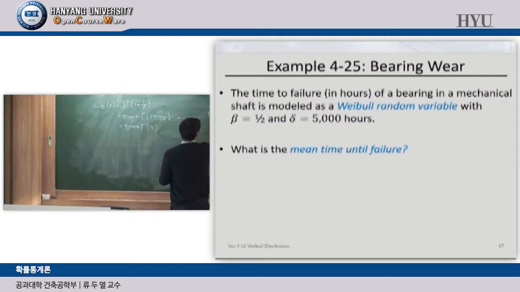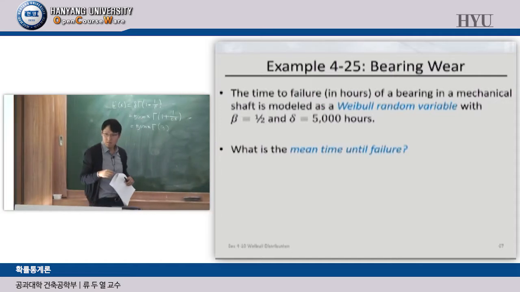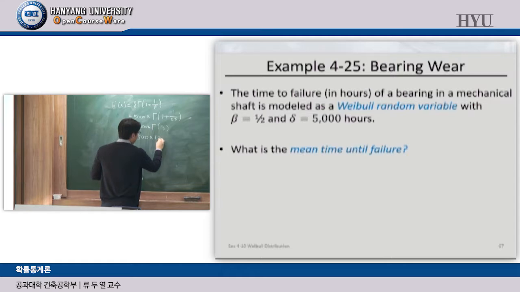The gamma of r was r minus 1 factorial, right? So this can be written as 5,000 times 3 minus 1 factorial. That is equal to 5,000 times 2 times 1.